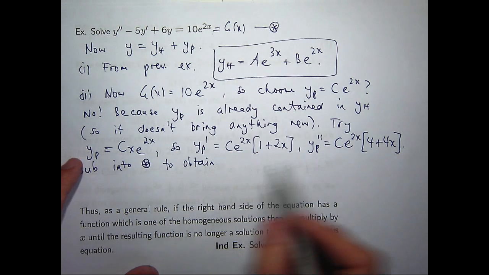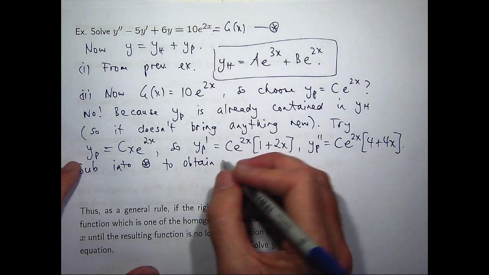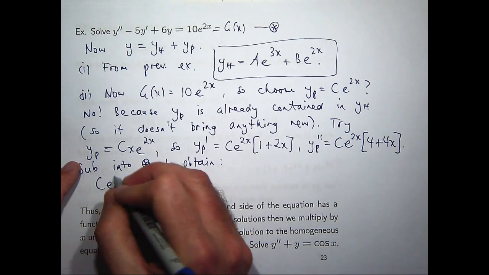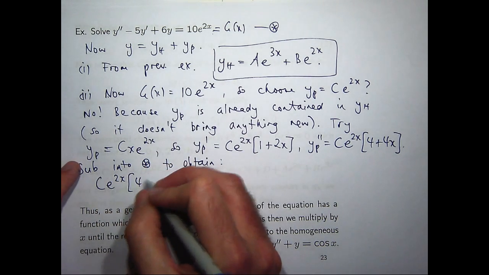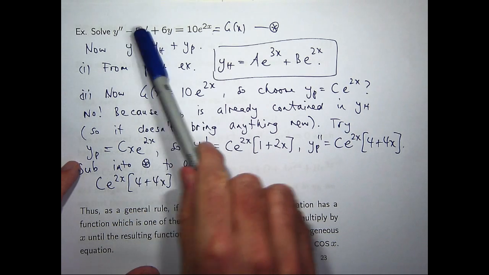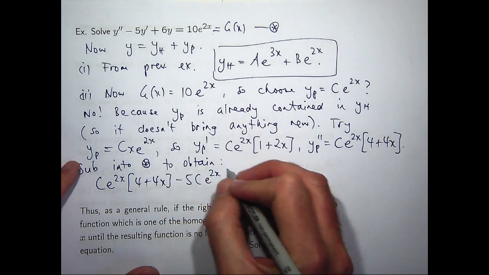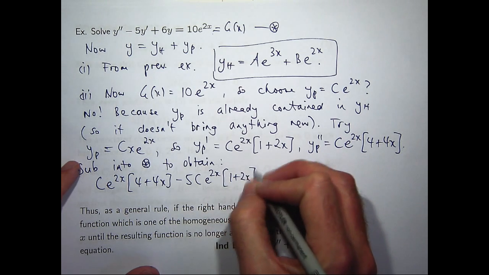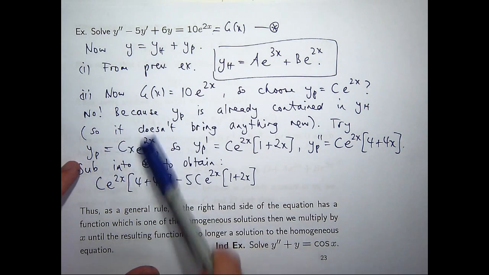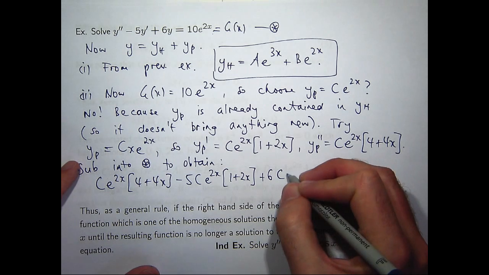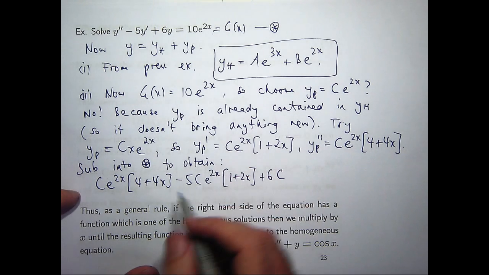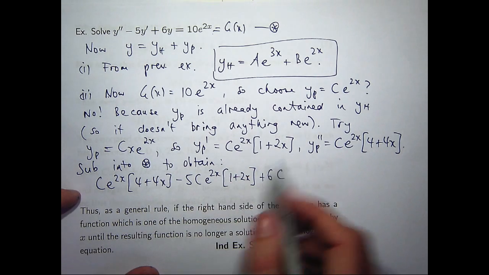Okay, so we're going to have something like this. C e to the 2x times 4 plus 4x, minus 5 times this, plus 6 times this.